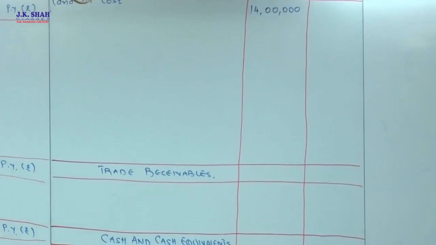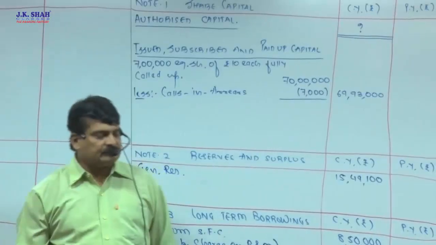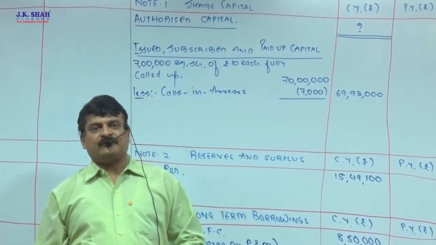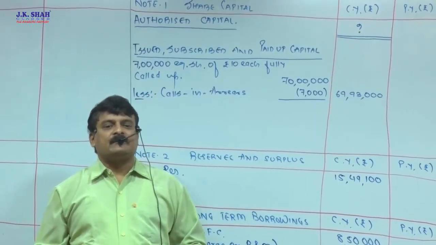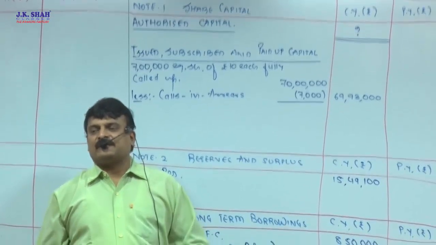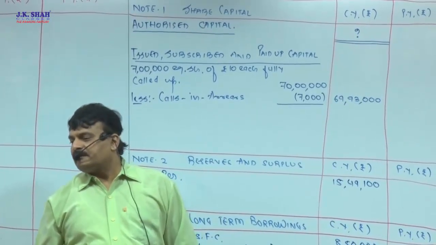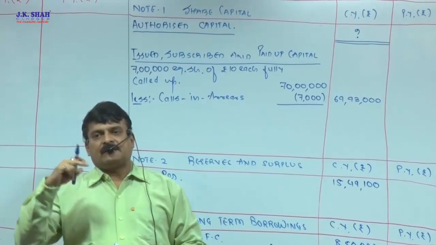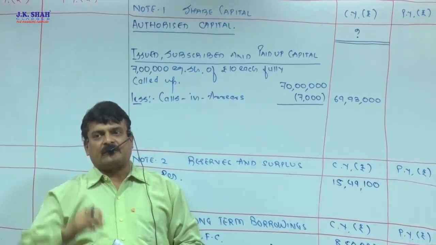Tell me why land cannot be depreciated. What is the reason why land is not depreciated? Come on, CPT. He says that because land is always appreciated, hence it is not depreciated.